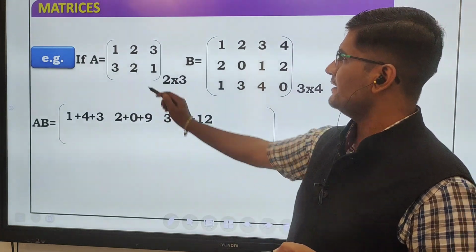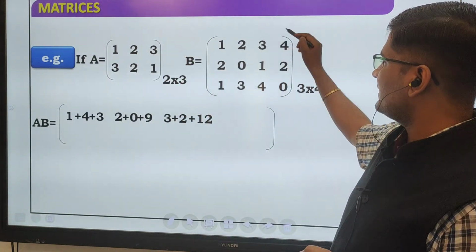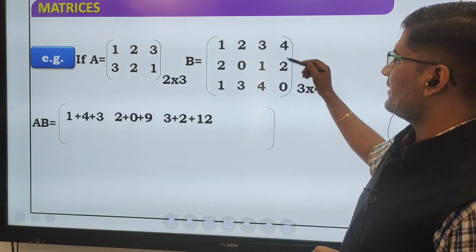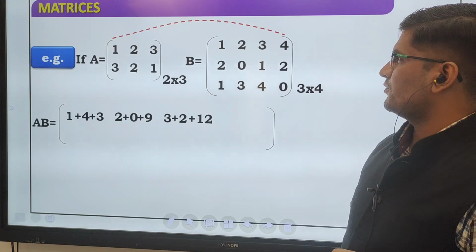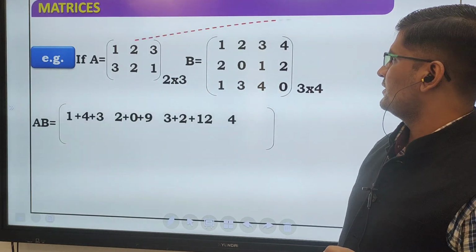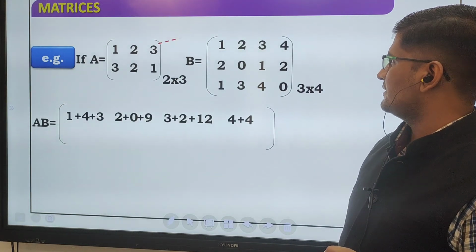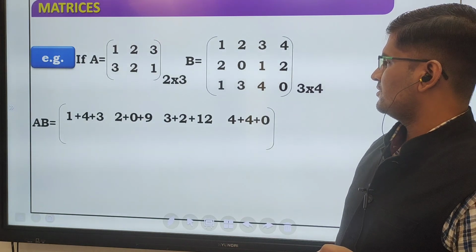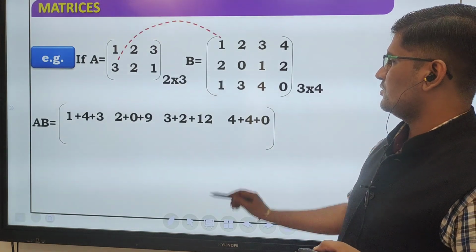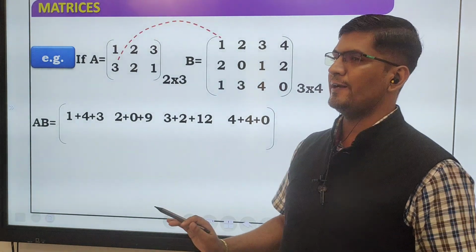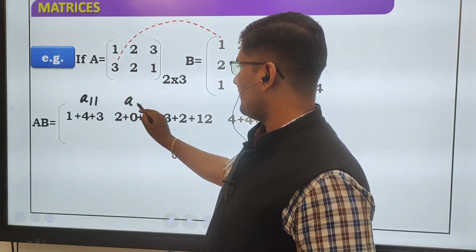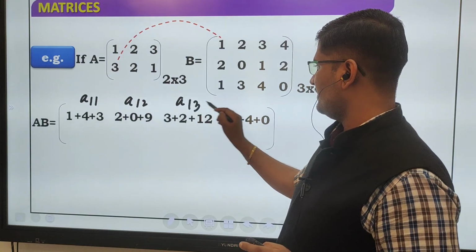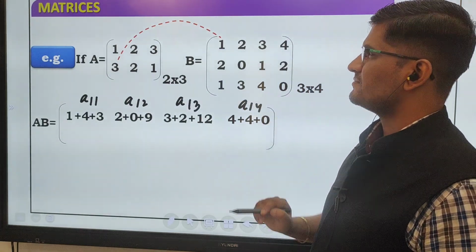In the same fashion, the entire row is multiplied with the fourth column, A14. So 1 into 4, 2 into 2, 3 into 0. So you can write like this. In the same way, this is A11, A12, A13, A14.